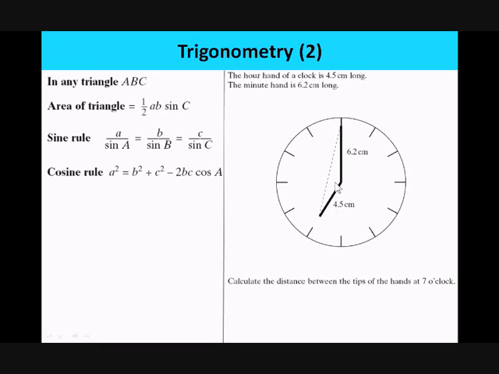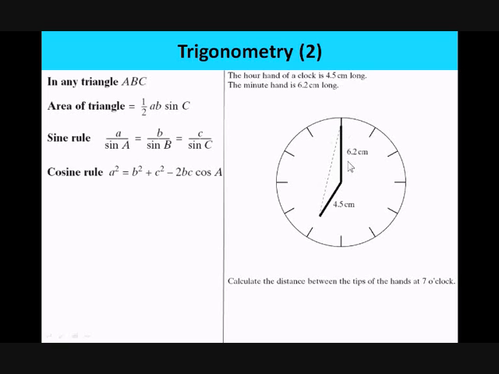Now we know that angle in the middle is 150 degrees and we know the two sides, so we're going to have to use the cosine rule, because we don't know anything about angles and their opposite sides. For example, we know it's 150 degrees there, but we don't know what the side opposite is.